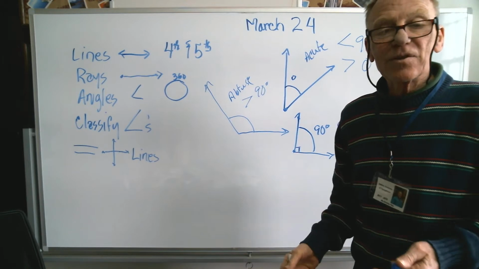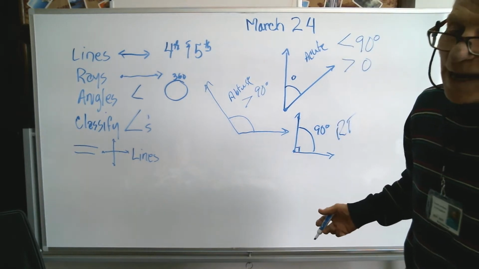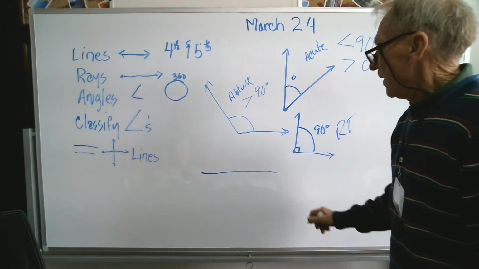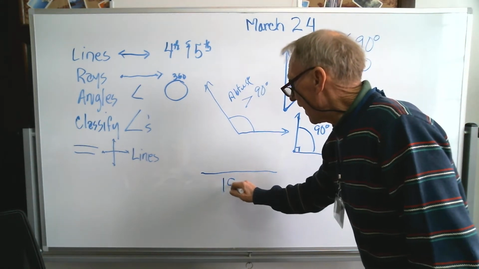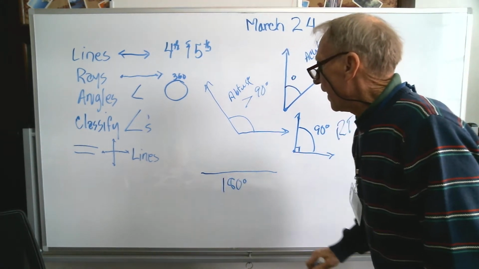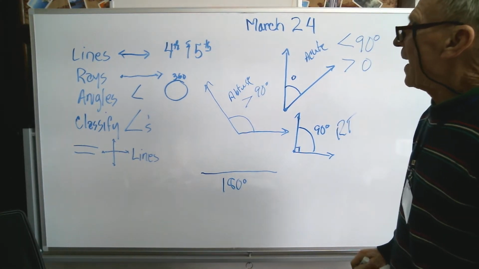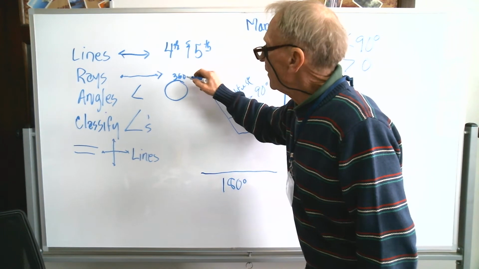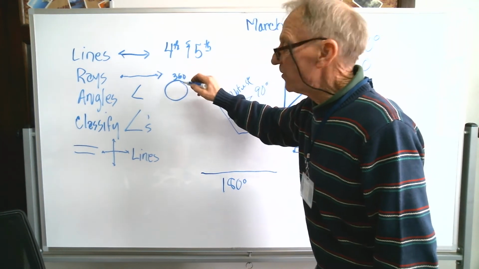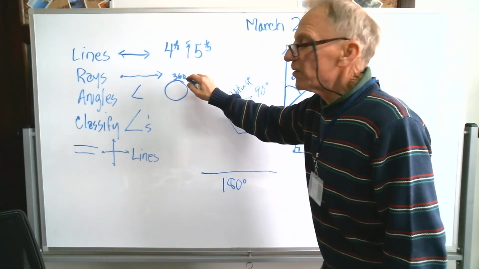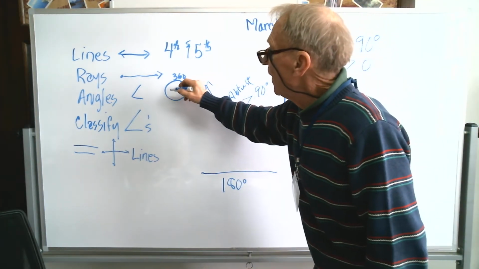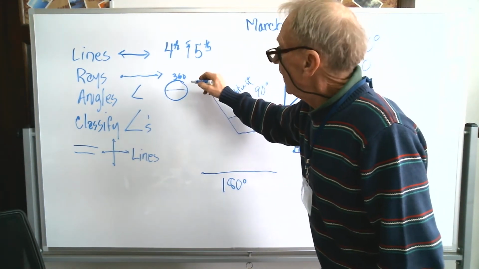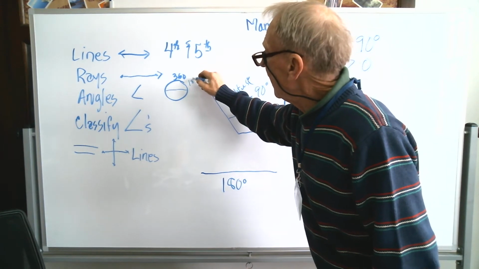Now, the only thing missing from this description is a straight angle. A straight angle is always 180 degrees. And I know I've explained that in the past because on a circle, it goes from 0 to 360. There are 360 degrees around the circle. Halfway, each half is 180.